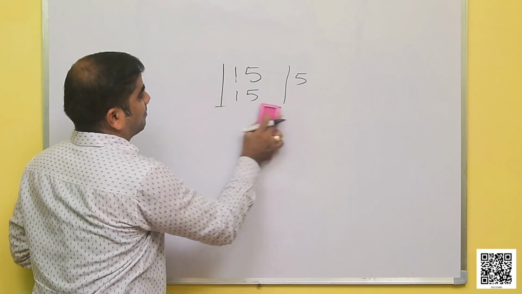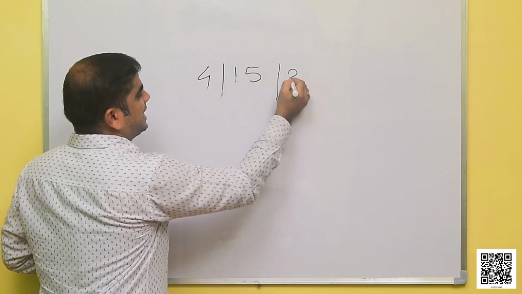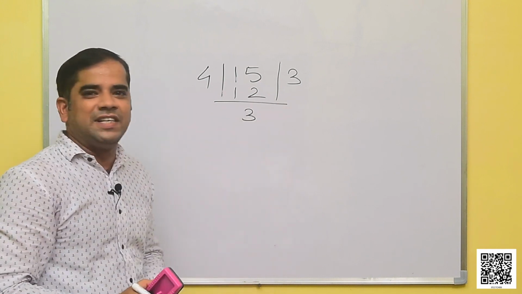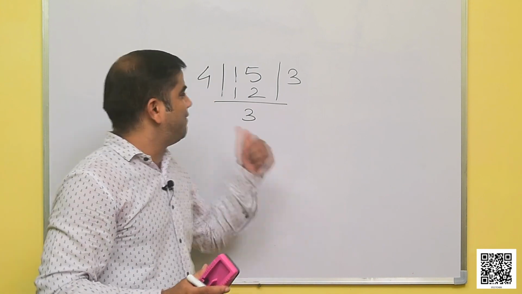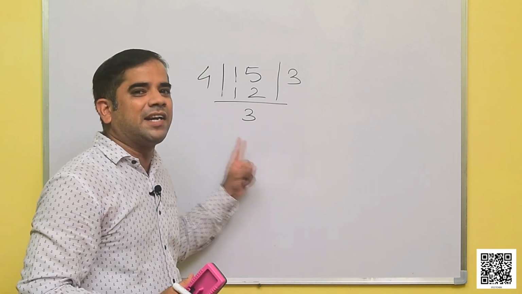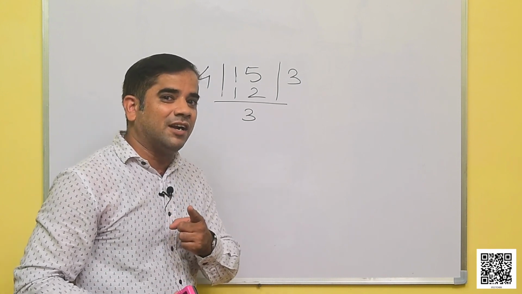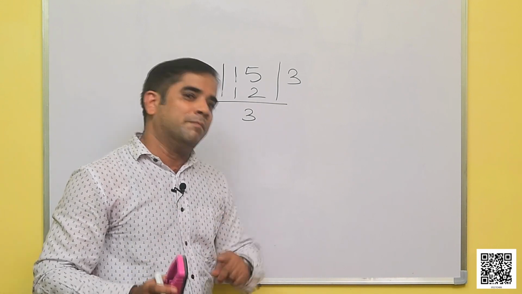What happens when 4 comes? 4 3s are 12, giving remainder 3. So 15 says, hey 4, sorry, you can't be my factor because you are giving me remainder 3. You are not dividing me completely, so you can't be my factor. I can't be your multiple, so we can't build up a relationship. Bye-bye.